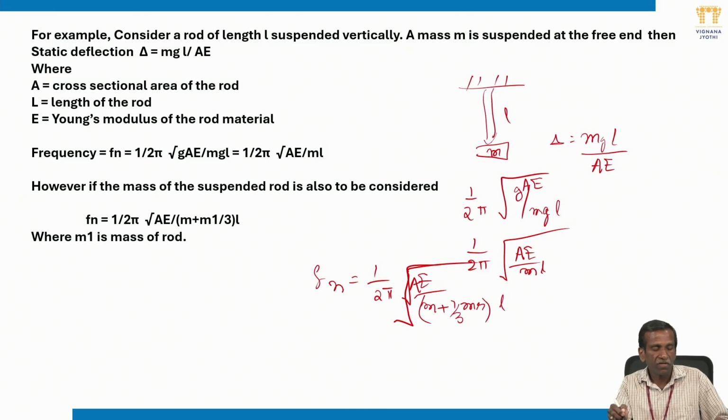This is very, very important. If the effect of vibrations is much more, then you need to consider the mass of the spring or the rod to which the actual mass is attached. This is very, very important to accurately, precisely determine the frequency, time period, or natural frequency.